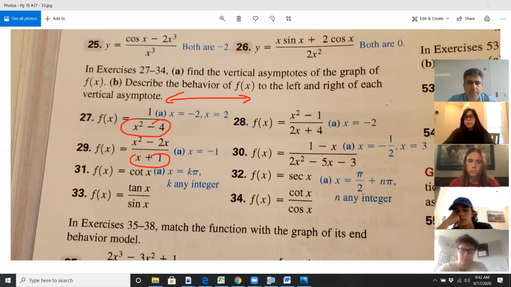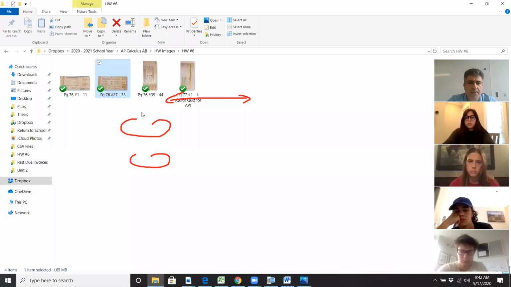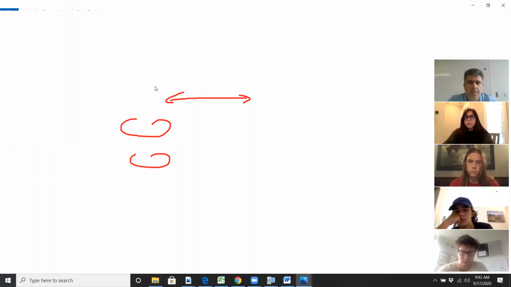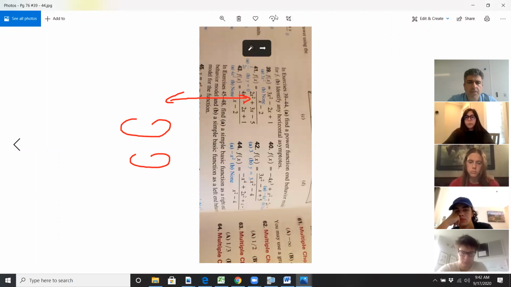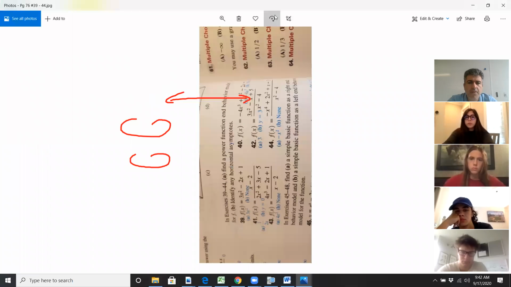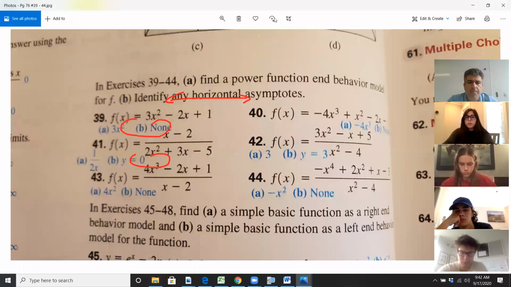So then, of course, the other part of the homework. Yeah, I said ignore part A. Part B, just knowing the trends, looking at the degrees. That's what we do for that one.